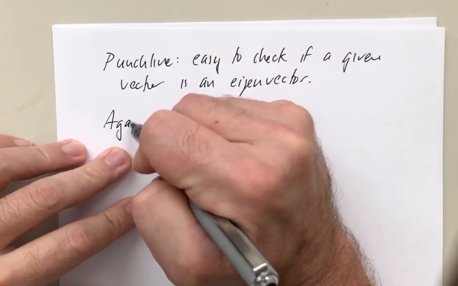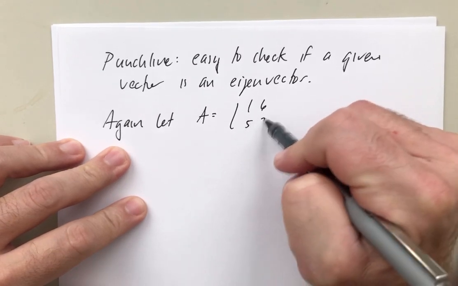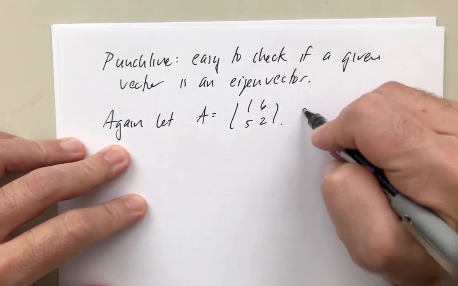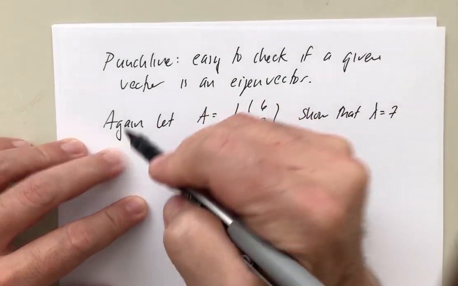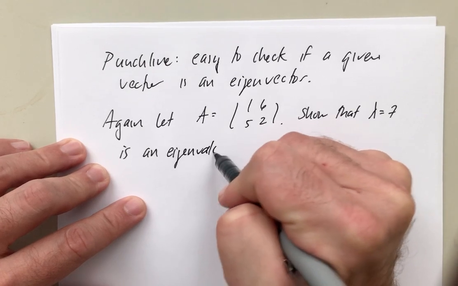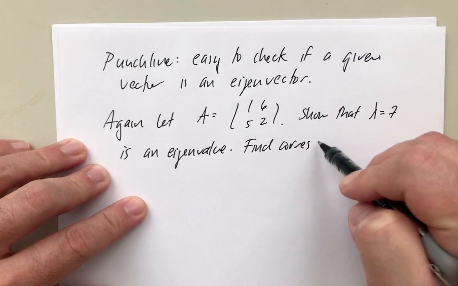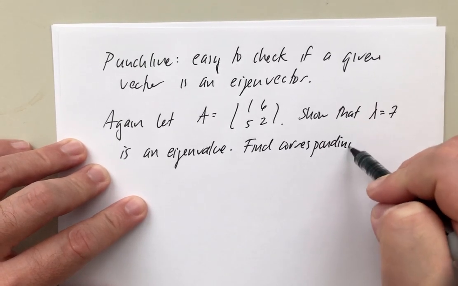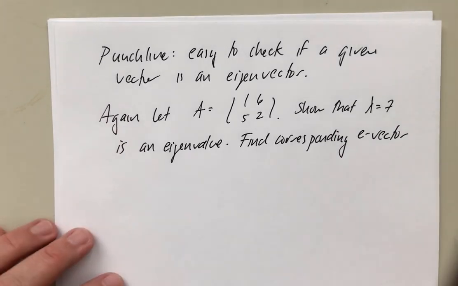So again, let A be the same matrix [1, 6; 5, 2]. Now what I want to do is show that lambda equals 7 is an eigenvalue, and I want you to find the corresponding eigenvector. So this is a little bit different flavor now.